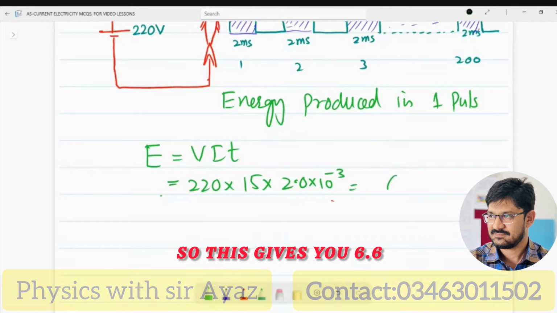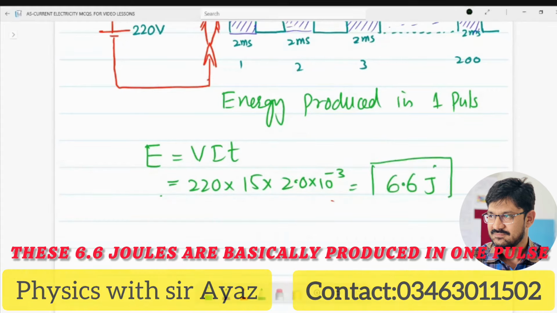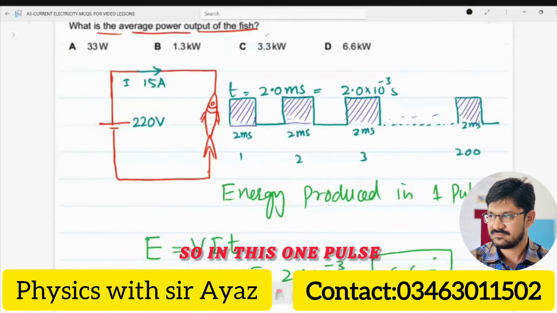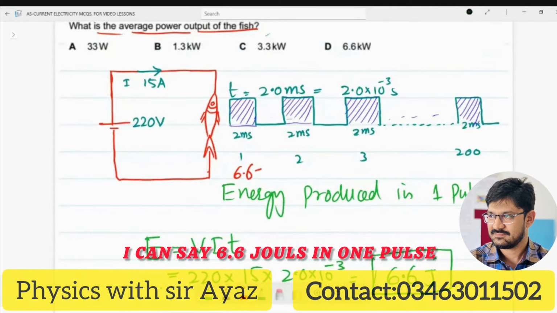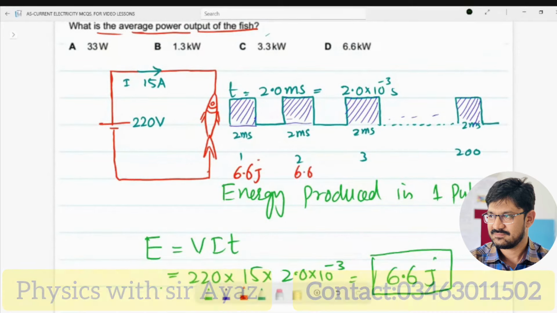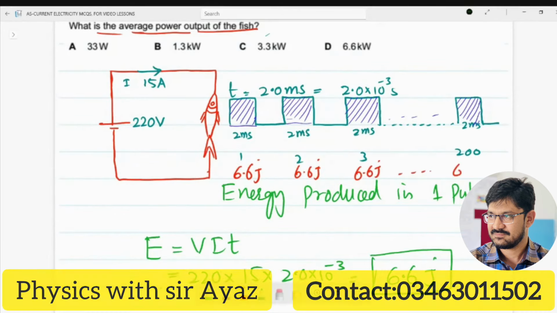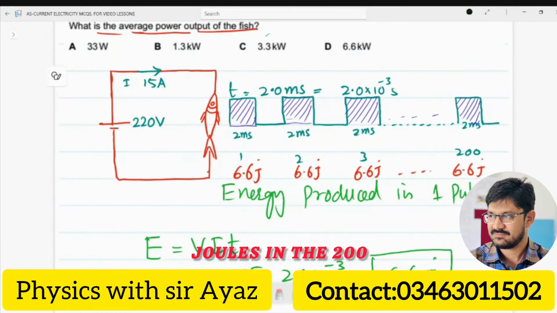So this gives you 6.6 joules. So these 6.6 joules are produced in one pulse. I can say 6.6 joules in one pulse, 6.6 joules in the second, 6.6 joules in the next, and 6.6 joules in the 200th pulse.